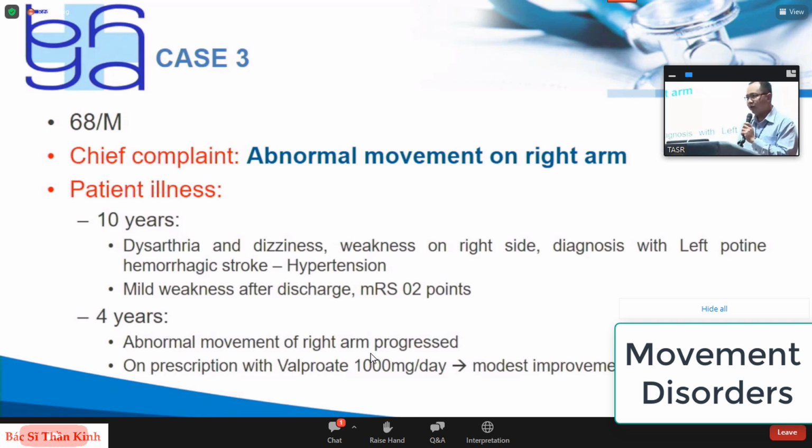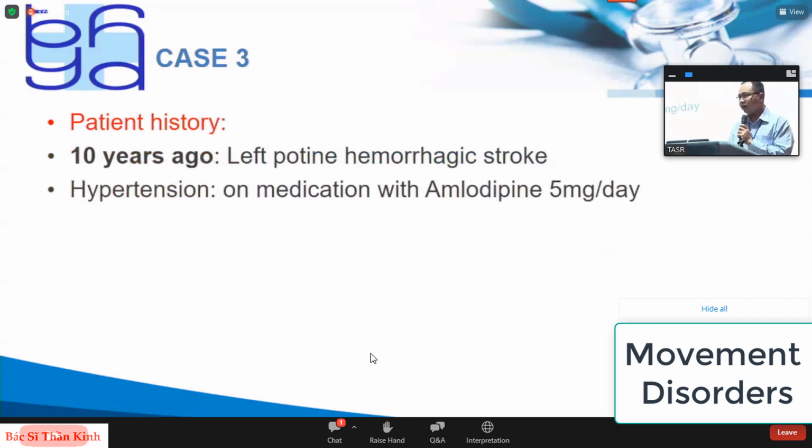This abnormal movement increased day by day and affected his daily activity. He usually used medication, 1,000 milligrams per day, but only modest improvement was recognized.